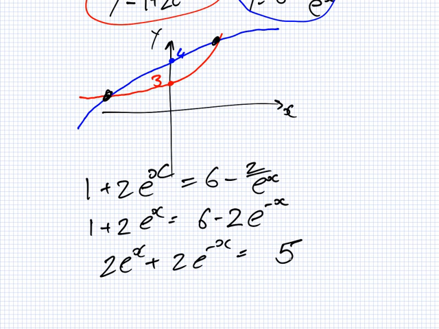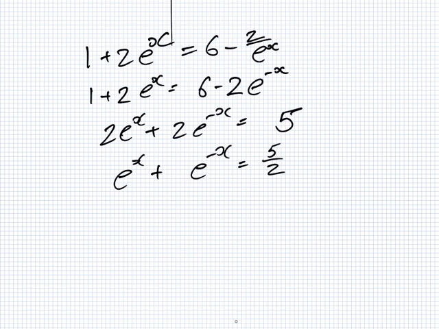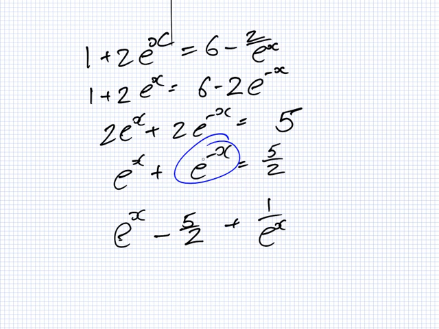It doesn't go nicely into that, but it makes it a little easier. e^x plus e^-x equals 5 over 2. Okay, now it's getting tricky. So I'll show you what to do next. If you have something like this, you should write it as e^x minus 5 over 2 plus 1 over e^x. I'll just change it back to that.